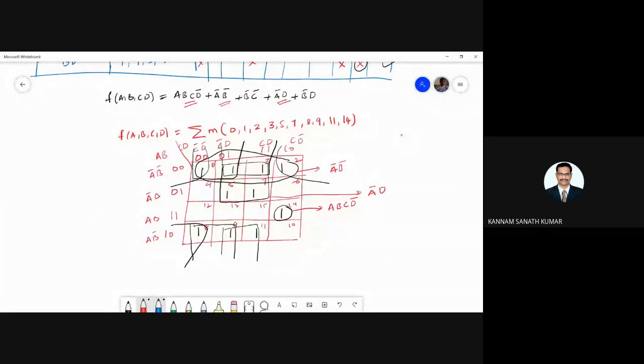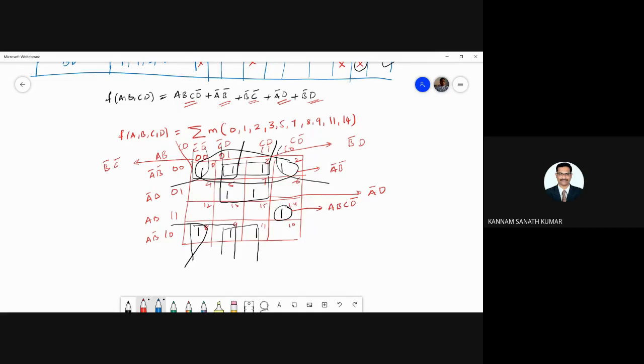And next, if you are seeing this term, b bar in vertical, b bar in horizontal, which is common, b bar c bar. You can verify like this. And if you see this one, b bar, and common is d. You got this expression.